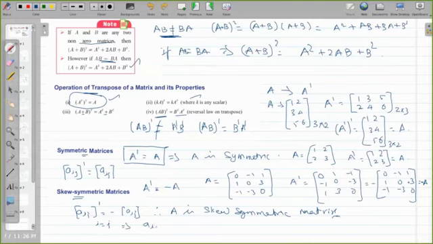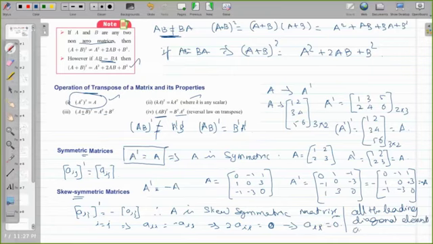Then a ii equals minus a ii, which is 2 a ii equal to 0. So this implies a ii is equal to 0, children. What does it mean? All the leading diagonal elements are 0. Okay, children, in a skew symmetric matrix, we can observe all the leading diagonal elements are 0.